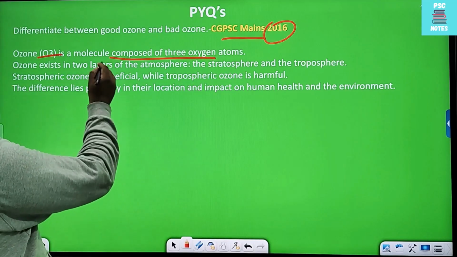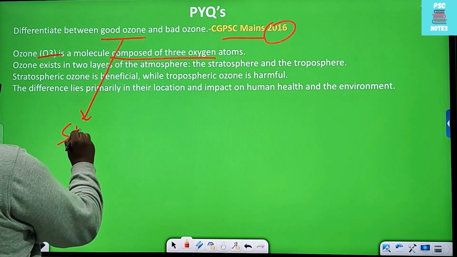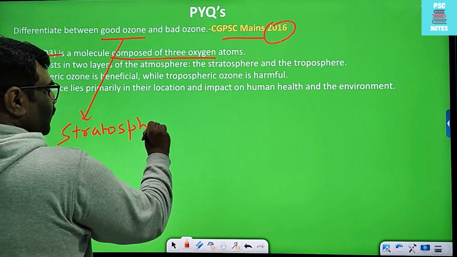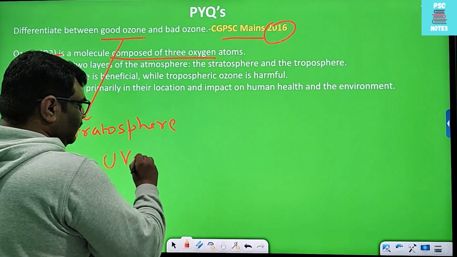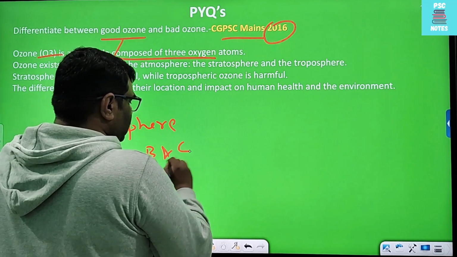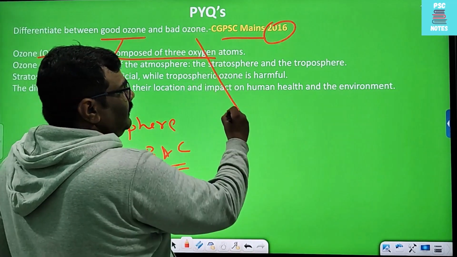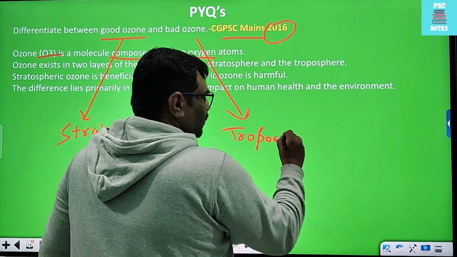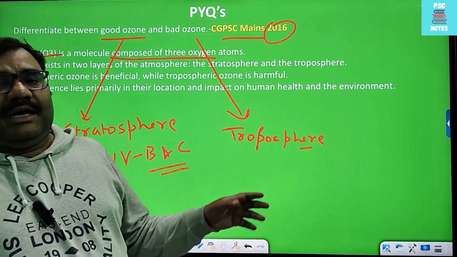The good ozone is in the stratosphere and protects us from harmful ultraviolet B and C. Further, we can tell how it is formed.